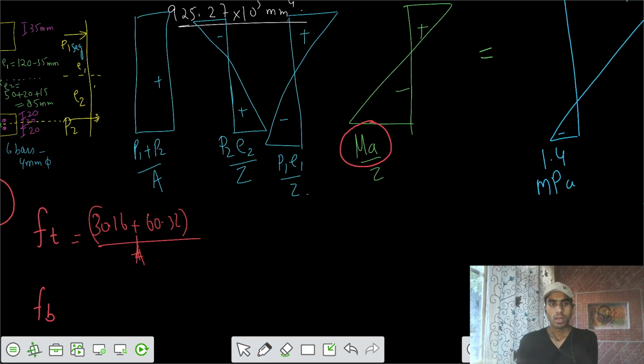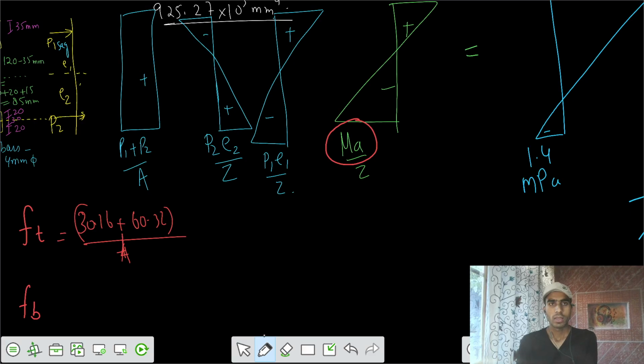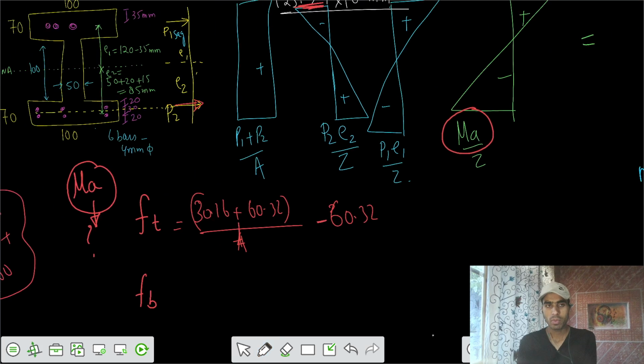After that, the second one is your stress at the top, that is tensile, negative. What is the value of P2? P2 is 60.32. P2 is bigger because we have more bars on the P2 side.